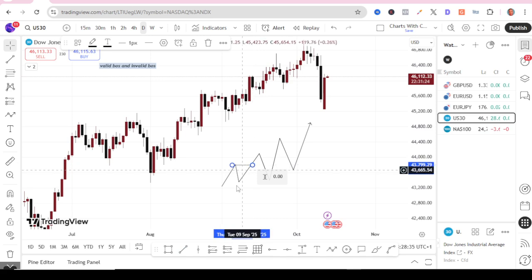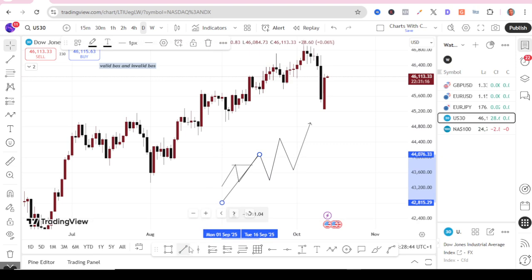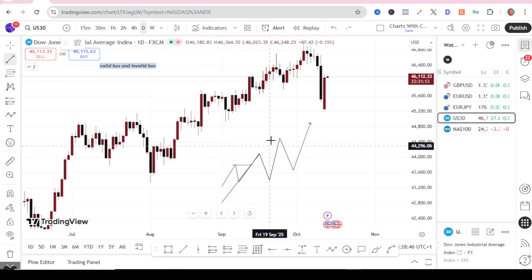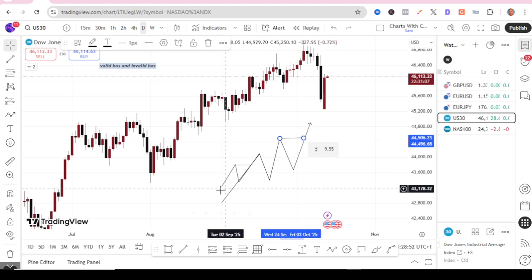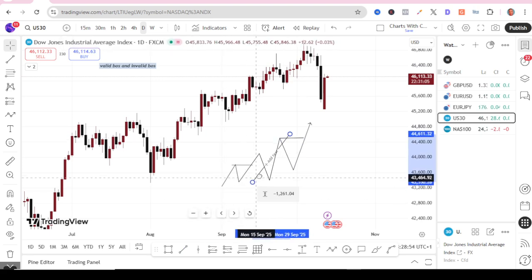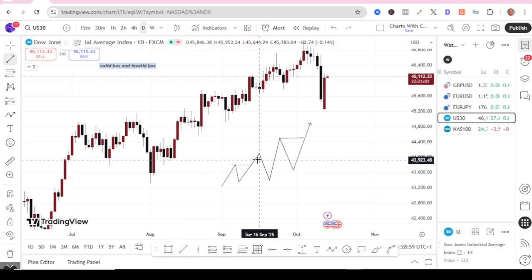So this is a break of structure, this is a break of structure, and okay, sorry, this is a break of structure as well. So this is a break of structure, right?